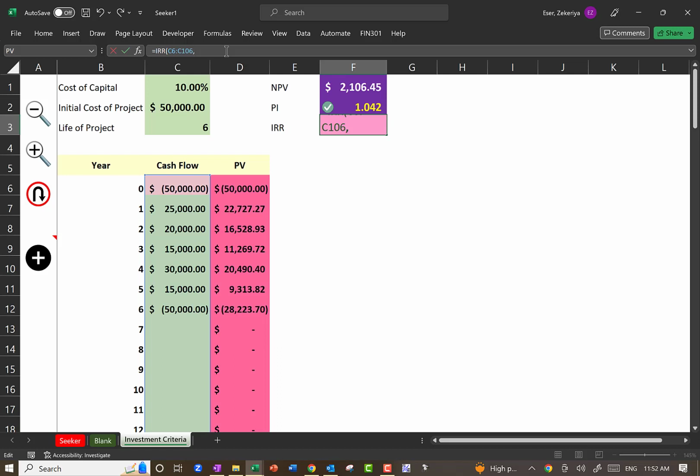So let's start with negative 0.5. It gave me a different number. And let's try that. If my cost of capital is negative 10.07, it looks like NPV is 0 at that value. Let's actually make that even more precise.